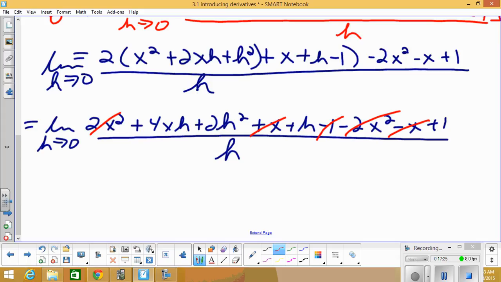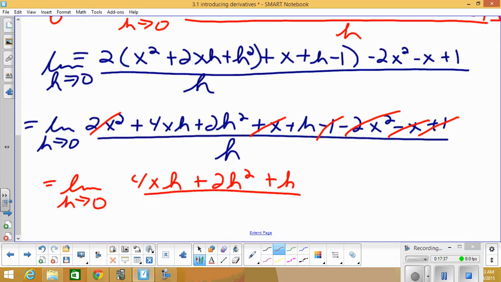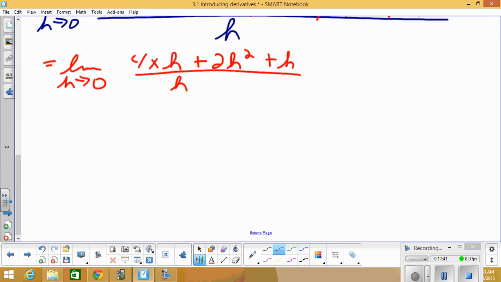The 1's reduce. And then I'm left with the limit as h approaches 0 of 4xh plus 2h squared plus h over h. Do a GCF of h, or from here you can simplify into each term of the numerator.